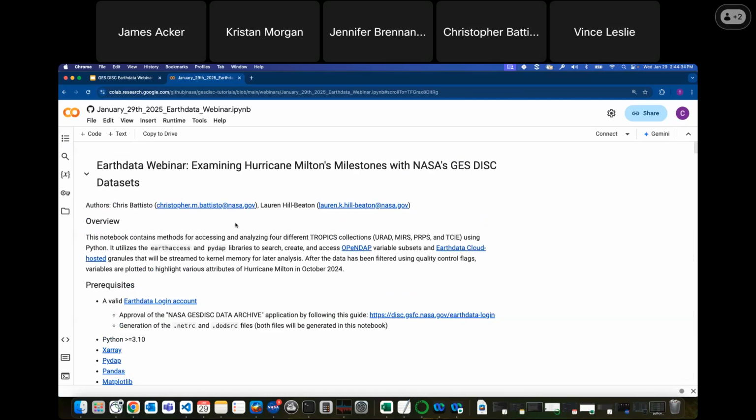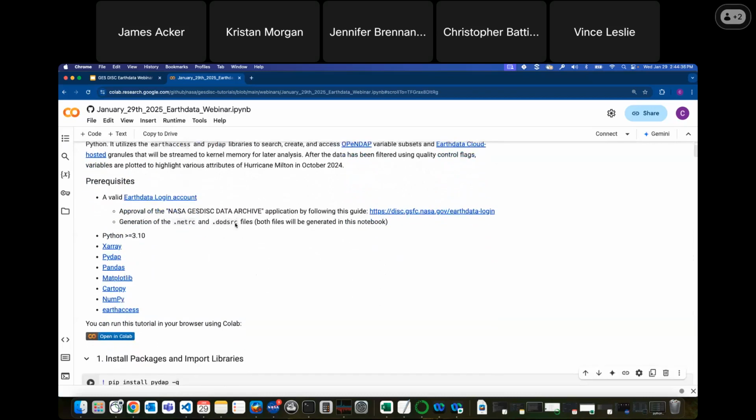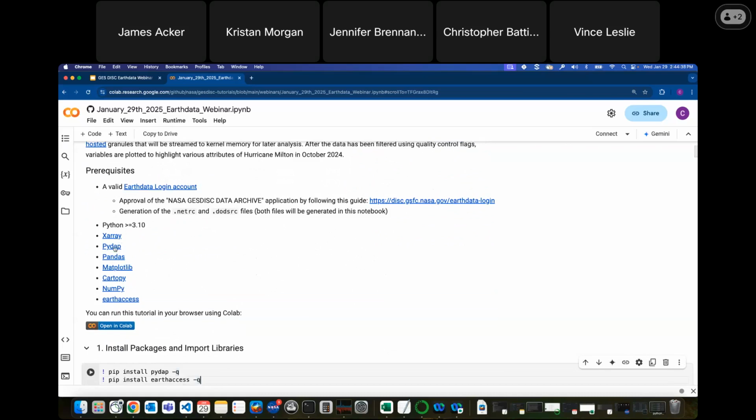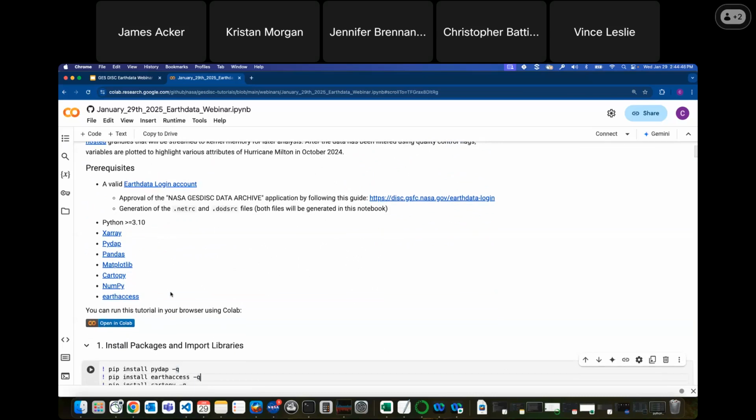So in this notebook, you can see that we list all of our prerequisites. These are all of the different libraries that we'll be using. We will be using a library called earthaccess to parse through our links. We'll be using Xarray to open from the public cloud endpoints. We'll be using OPeNDAP, which is the library developed by the OPeNDAP team to access our OPeNDAP collections.